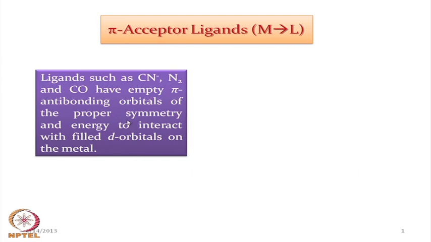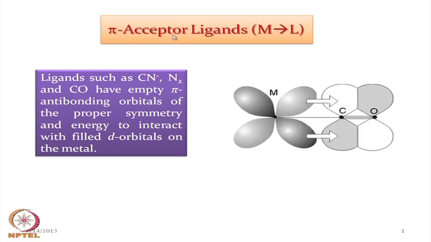If the symmetry is matched and the energy matching is also favorable, then the d orbitals present on the metal side can interact with the empty orbitals on carbon monoxide or CN minus to show pi acceptance behavior.